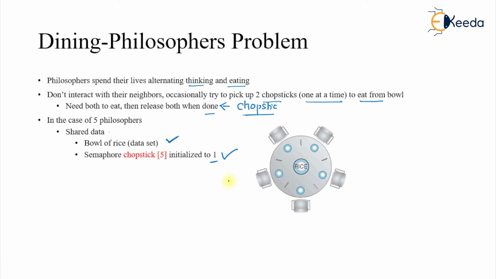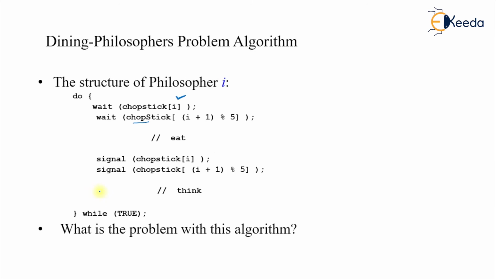Coming back here, suppose this is 1, 2, 3, 4 and 5, and these are the chopsticks 1, 2, 3, 4 and 5. So it needs to lock both chopsticks: chopstick I it will lock, and it will also lock I plus 1 modulo 5.